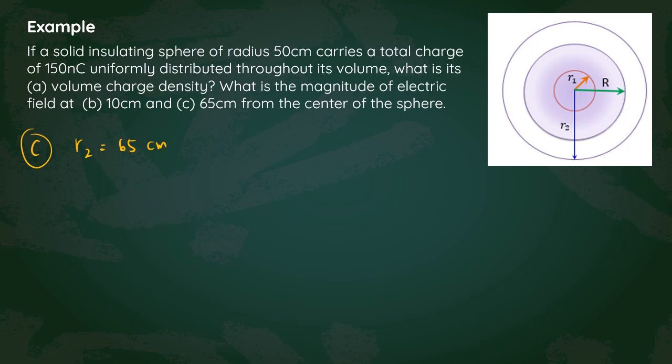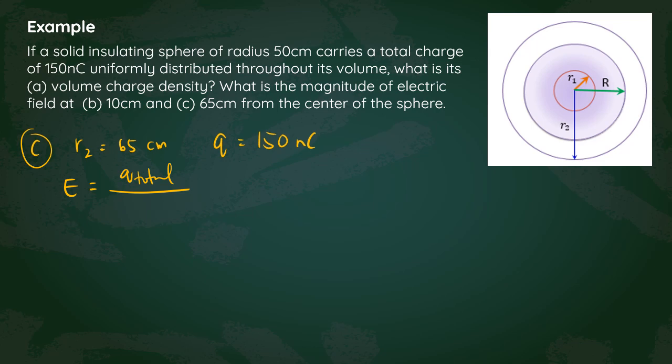And when you look at it, the total charge, which is 150 nanocoulombs, is entirely enclosed in R2. Therefore, to solve for the electric field at R2, we can simply use the formula for total charge that we derived in the previous problem, problem B.